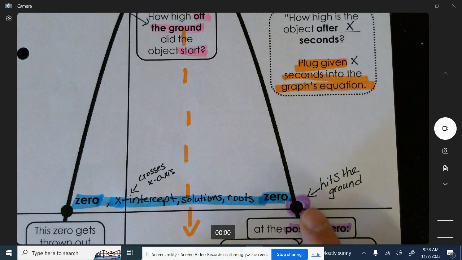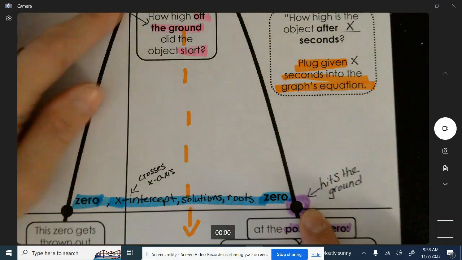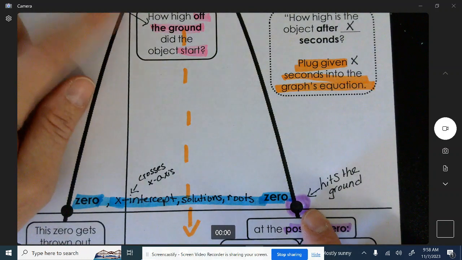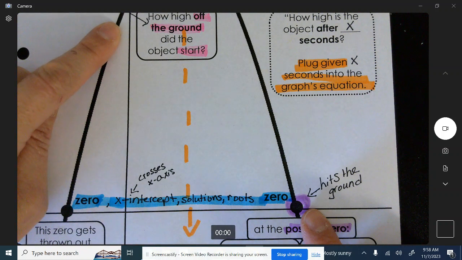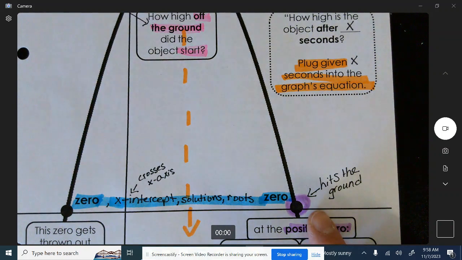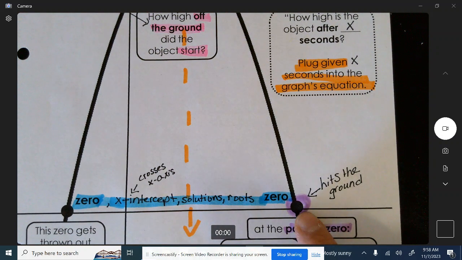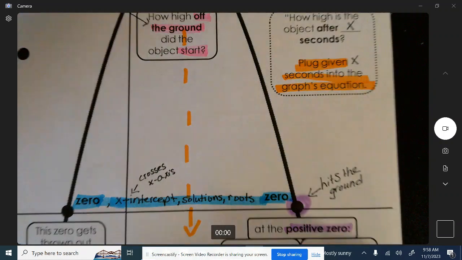You might have started at 0 seconds when it's launched, and after it goes to a maximum height and comes back down, this point might be 3 seconds later. That would be your x value, because x represents time and y represents height.